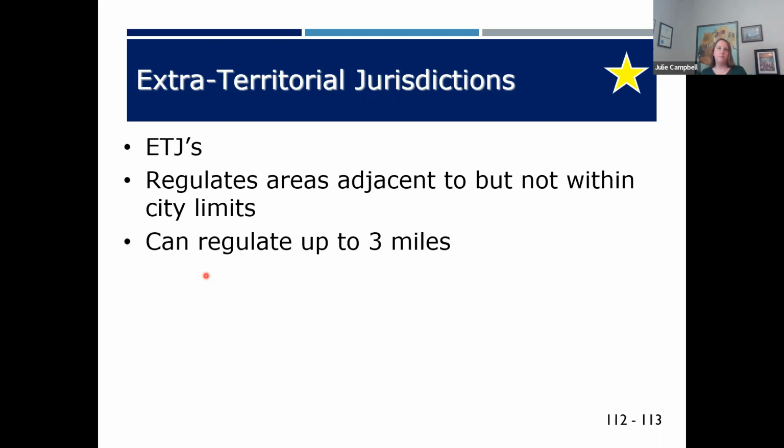They're still on their own, but their zoning is in compliance with the big town, the big city next door. It's outside of our territory, but it's still in our control. If the city annexes them in, they become part of the city and the ETJ goes away.